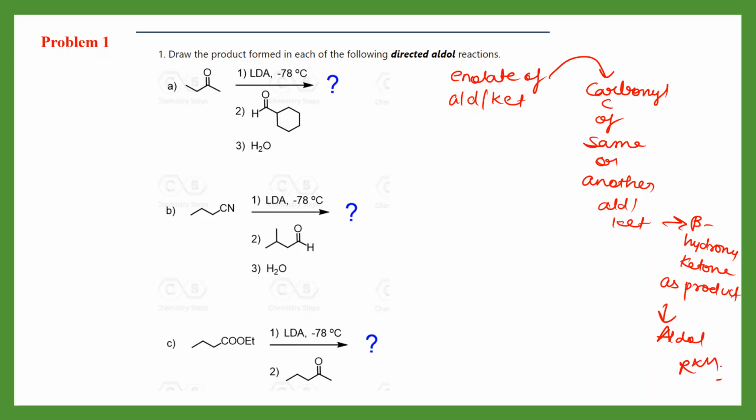Okay. So in the first question, if we draw its hydrogens, we can see that there are two hydrogens which can be abstracted by base. You should know that LDA is lithium diisopropylamide.